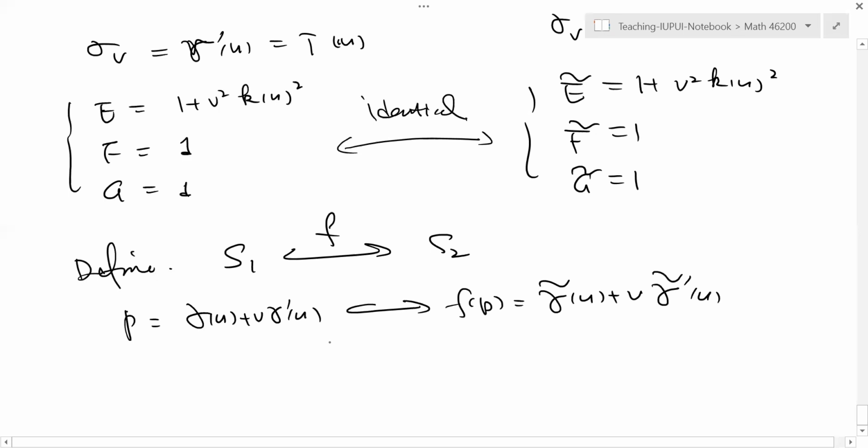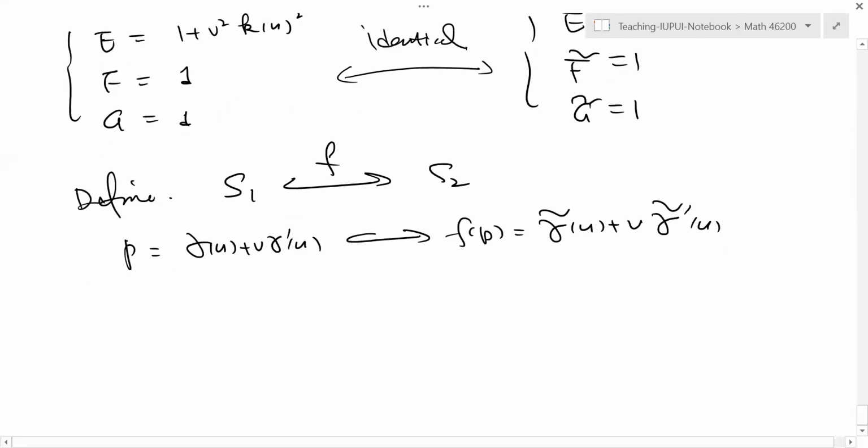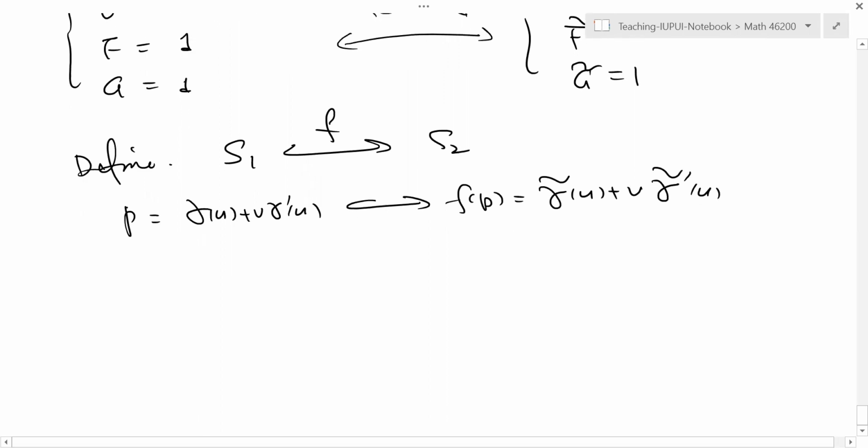You can define that, right? I'm just being very precise. So you get a map.